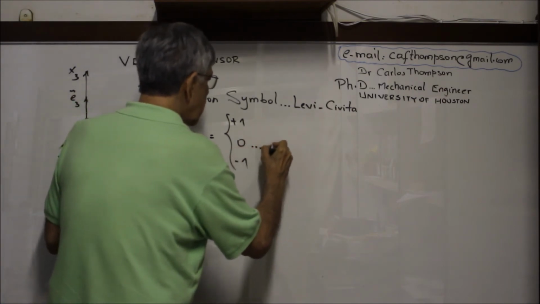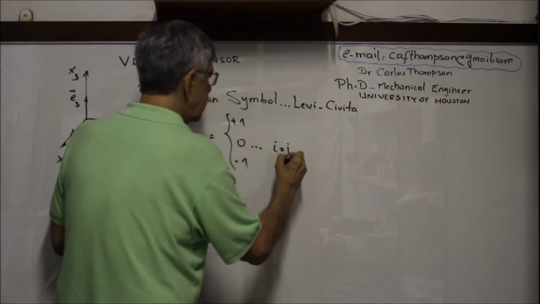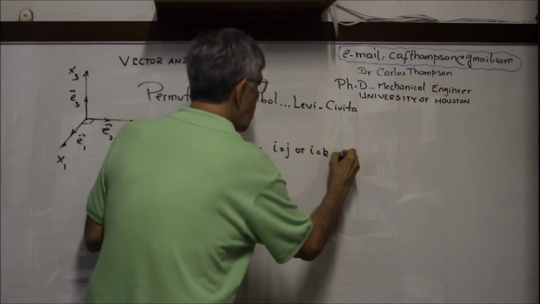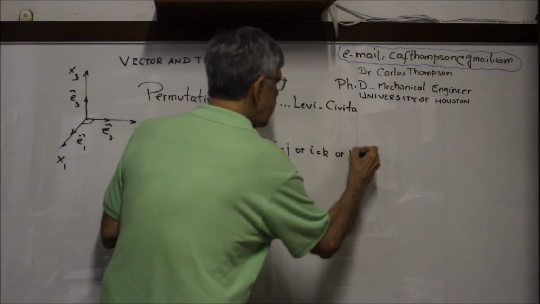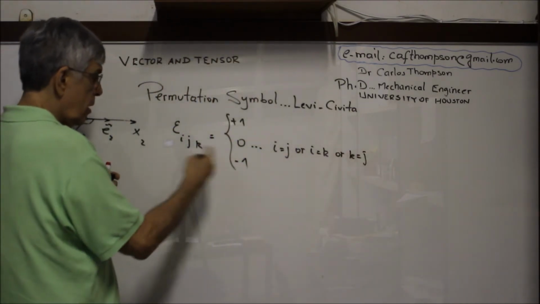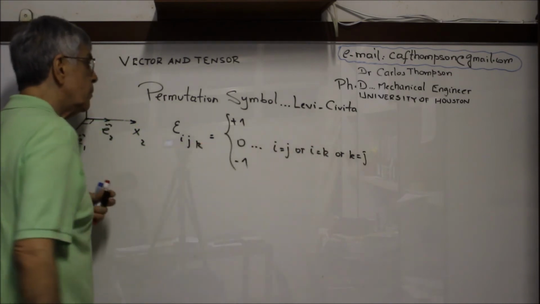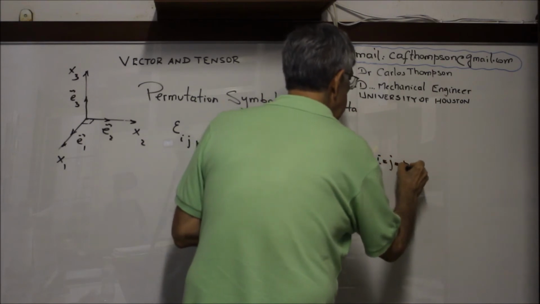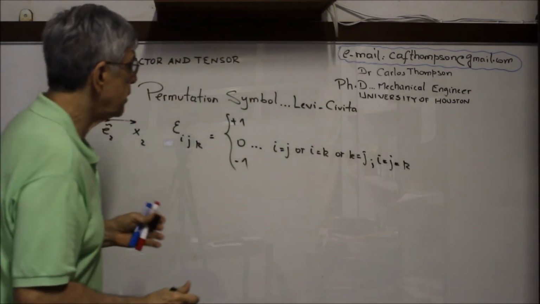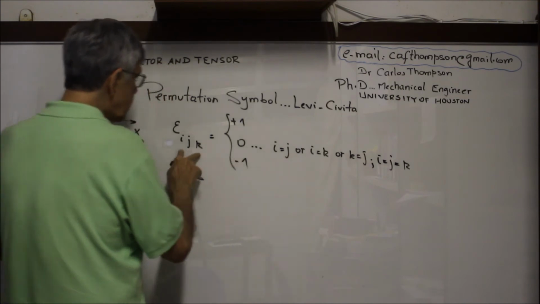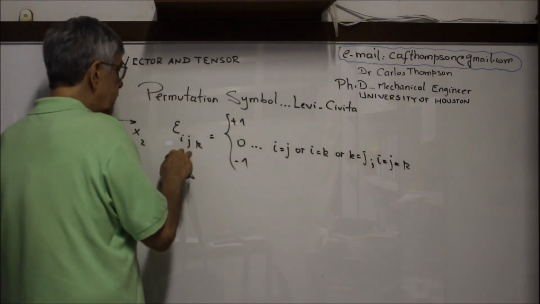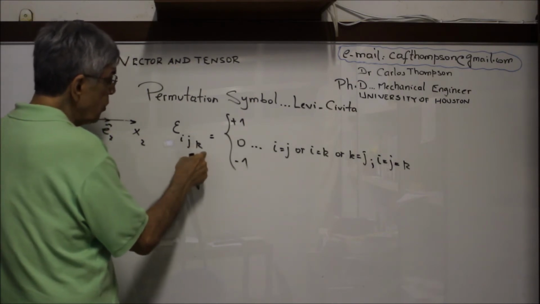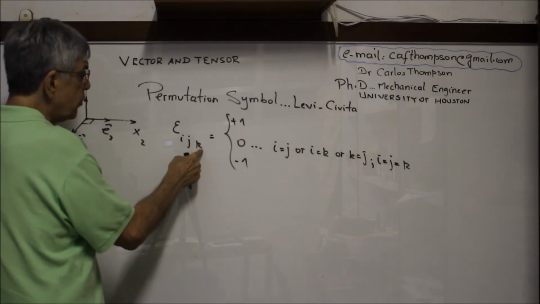It will be 0 when I is equal to J, or I is equal to K, or K is equal to J. All of them could be equal, like I is equal to J is equal to K, but it's not necessary. At least if two of them repeat, for instance, epsilon 2, 2, 3 is 0, epsilon 2, 1, 2 is 0, epsilon 1, 1, 3 is 0.